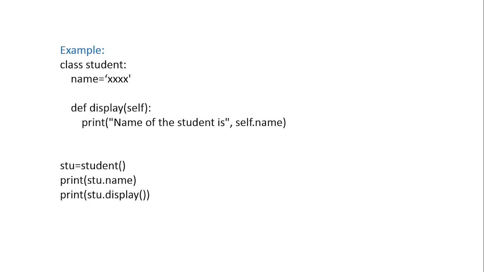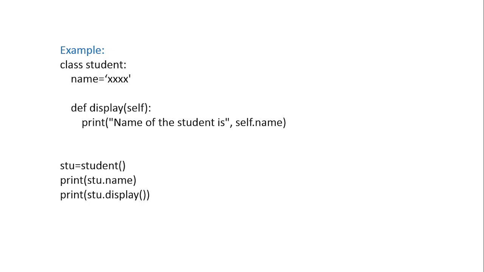So here we can see the example. For the same class with an attribute name and a method display, here we are trying to access the student name. So we are calling stu is equal to student. So actually that student class is called.